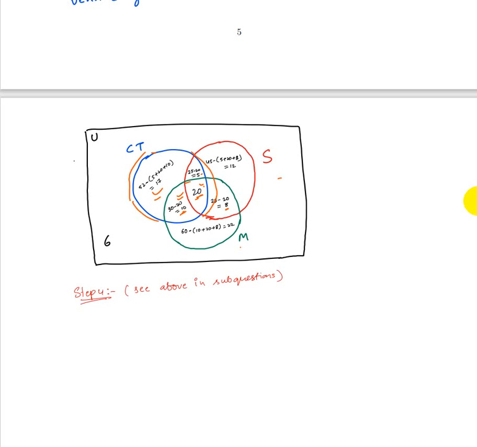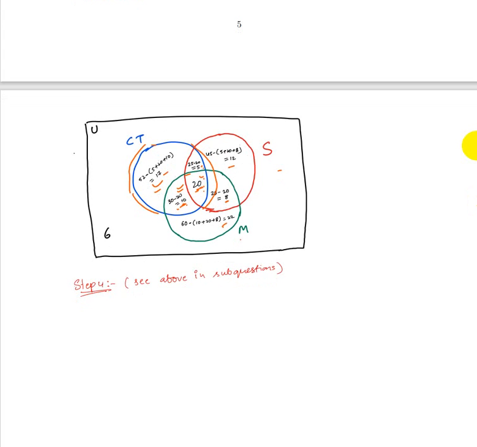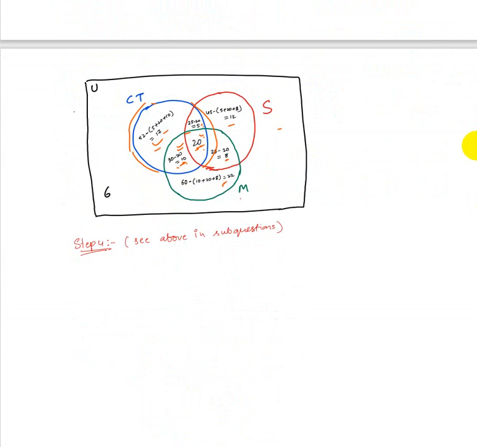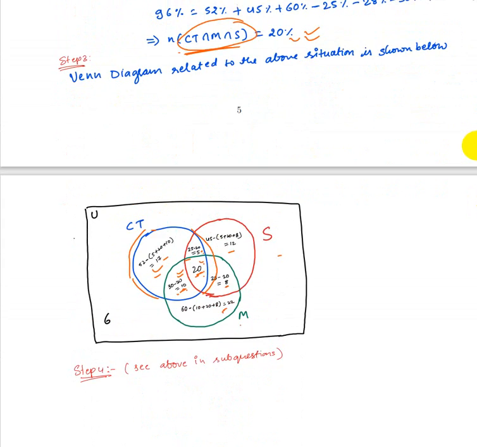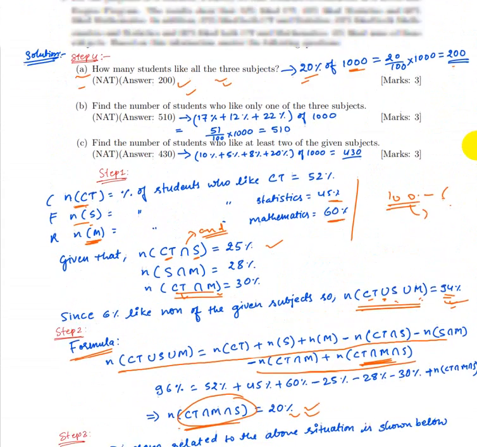So from 52 we'll subtract 5, 20 and 10, and we'll get 17, and similarly in all other sets. When we are ready with our Venn diagram, we'll be able to solve the rest of the questions very easily.